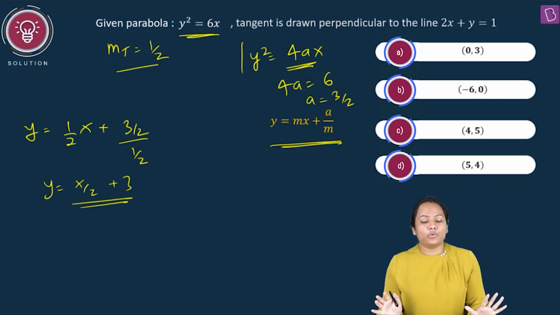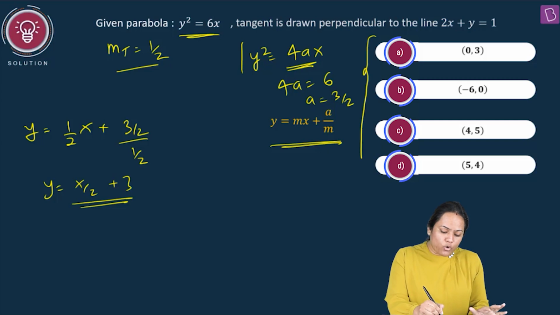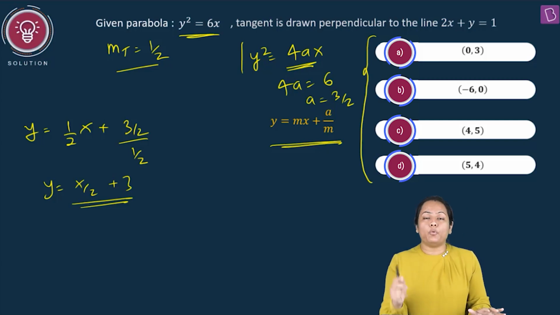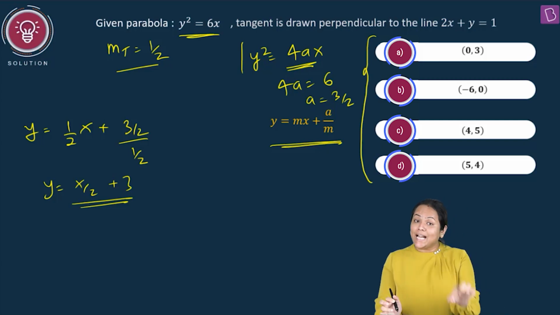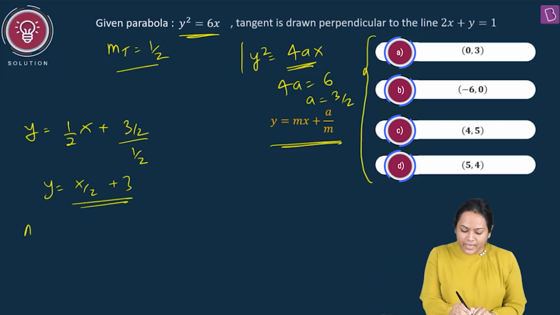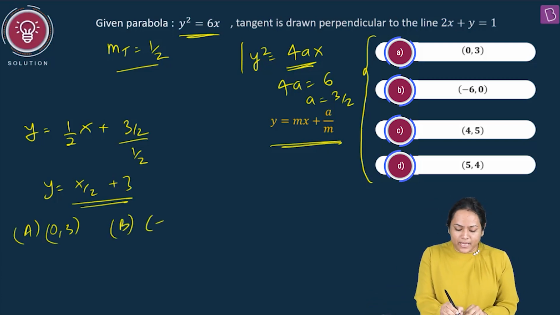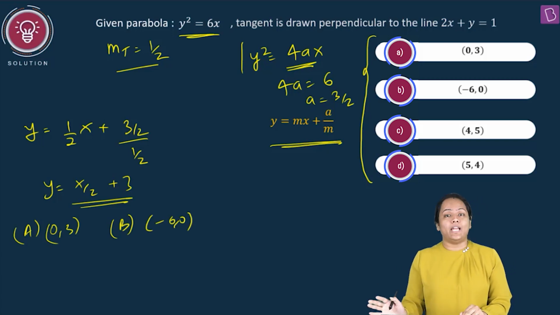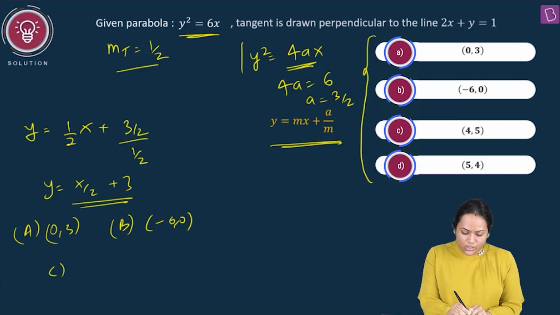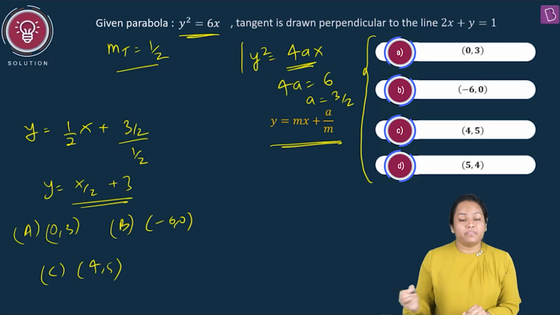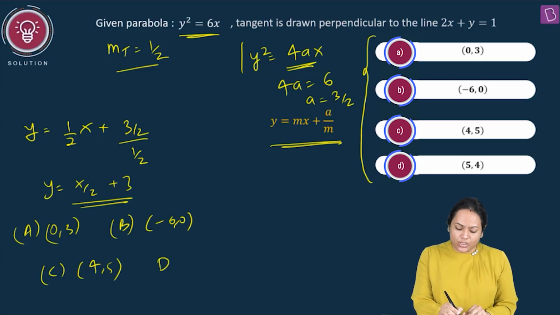And now what we have to do? We have to just check which of these 4 points does not satisfy this equation of tangent. So coming on to the first point, my A option is (0, 3), which you can definitely check is lying on this. My B option is (minus 6, 0), again lying on the tangent. My C option is (4, 5), which is again lying on the tangent.